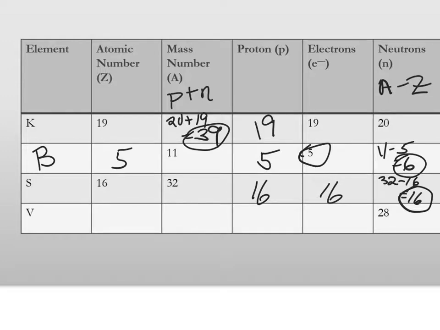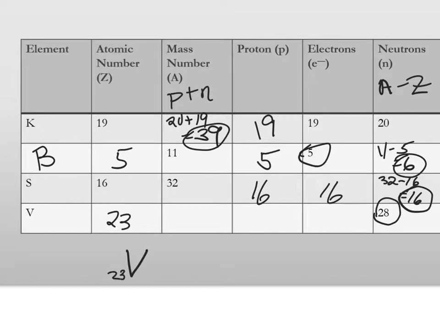In the final row, we have vanadium, and it just gives us 28 neutrons. So we have no way to know the mass number or the atomic number or the protons or electrons strictly based upon the number of neutrons. But if you look at a periodic table, you can find vanadium, which is element 23.